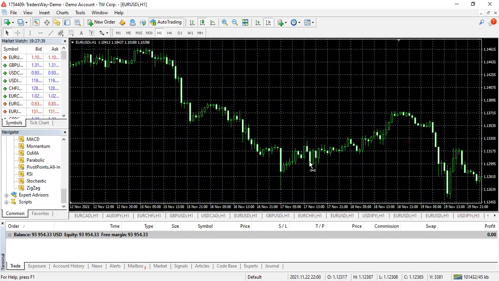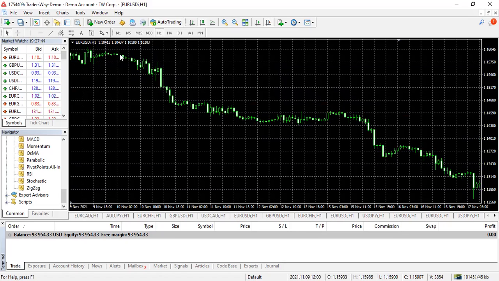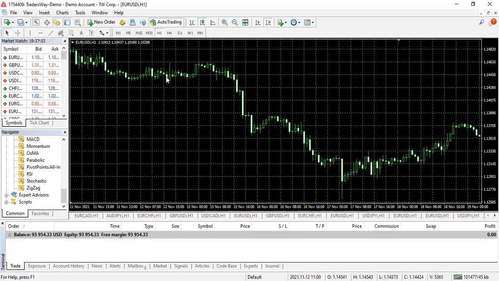When you see a pattern like this, it is a downtrend. Can you see it's forming down? It's coming downward. This is a downtrend.